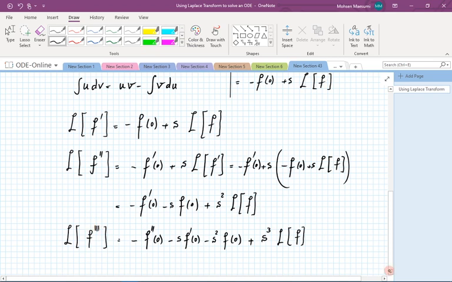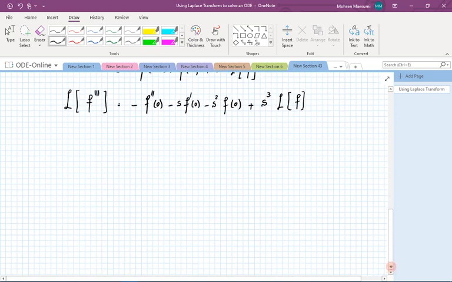Okay, now let's go back to the problem we promised we want to solve. We wanted to solve this very simple problem. y prime plus y is equal to 0. And then we said we go take a Laplace transform, so it becomes Laplace transform of y prime plus Laplace transform of y, and Laplace transform of 0 is just 0. Well, to make our notation a little bit simpler, we said we use capital Y as a function of s.